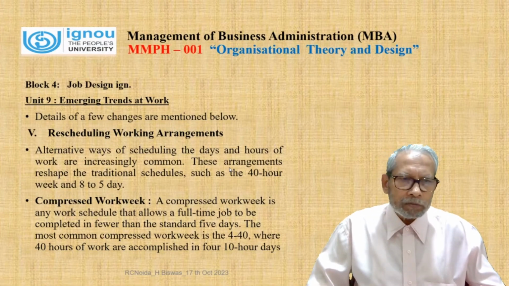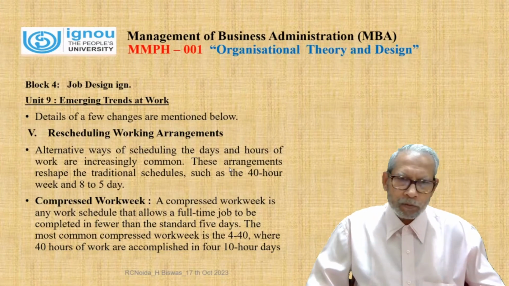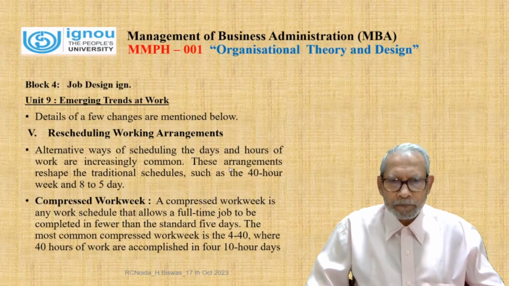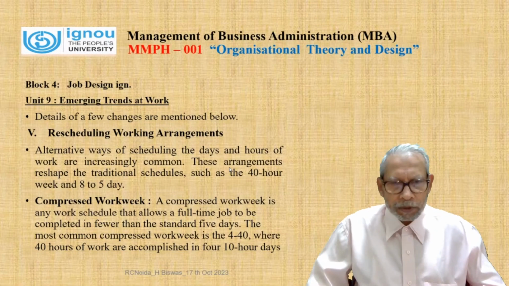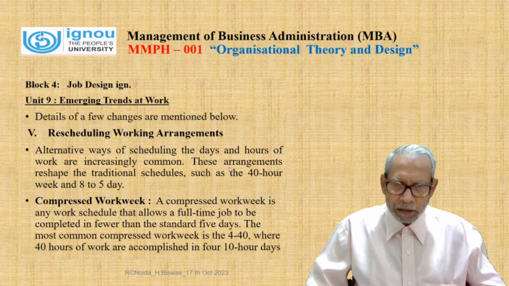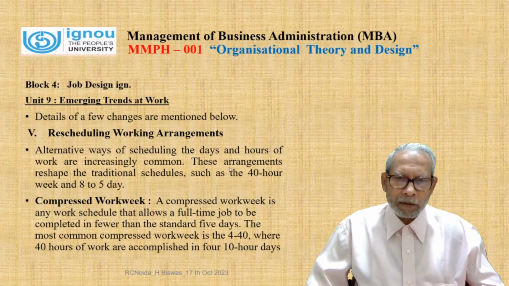The most common compressed work week is the 40 hours, where the 40 hours of work are accomplished in four days of 10 hours. So that means 10 plus 10 plus 10 plus 10.